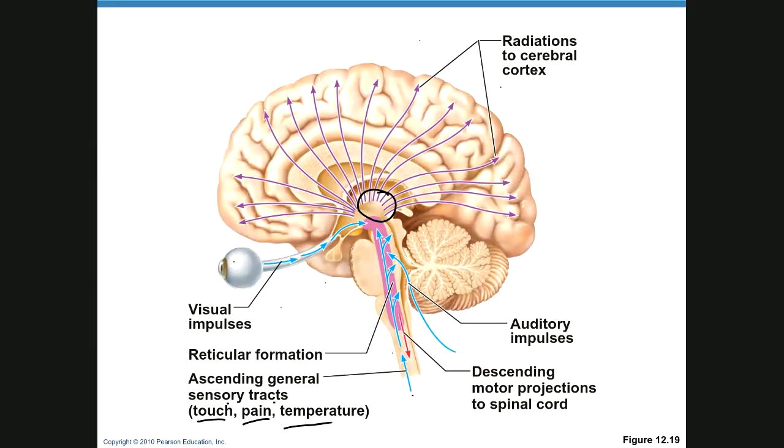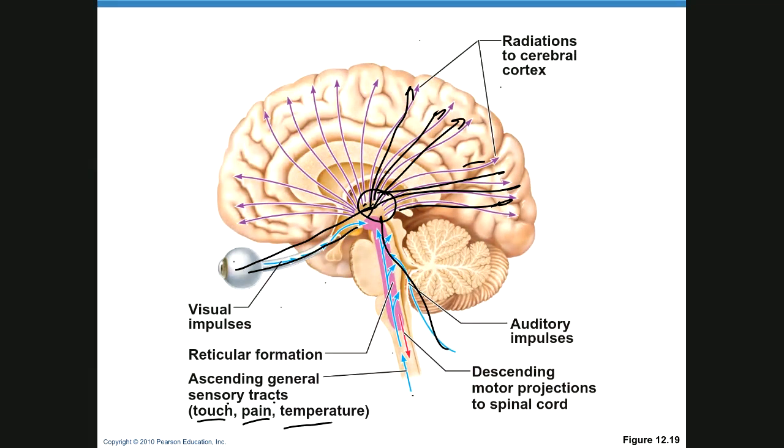From the thalamus, the information is given to the last neuron, neuron number 3, which will relay it to the appropriate area in the cerebral cortex. Also, visual impulses and auditory impulses arrive at the thalamus, and they are relayed towards the appropriate lobe of the brain, which in this case will be the occipital lobe in the case of visual information. Same thing for auditory impulses coming in.